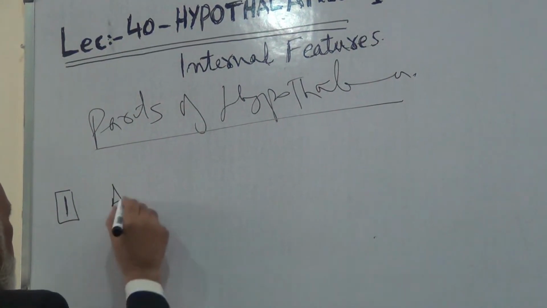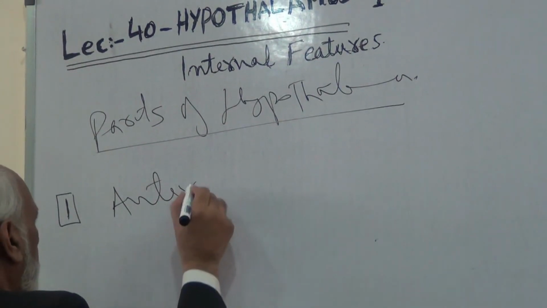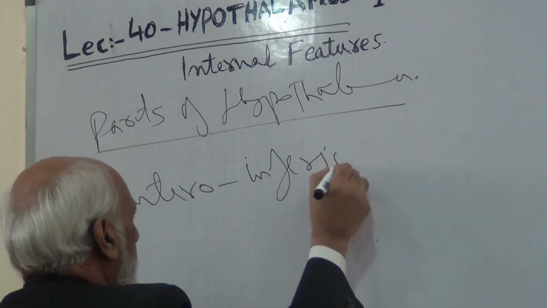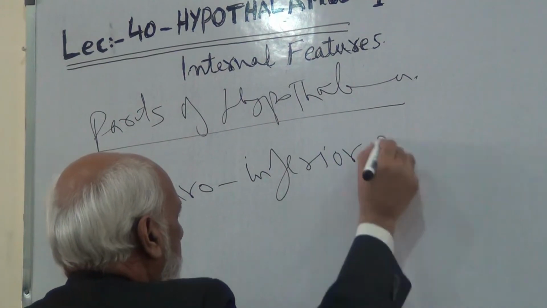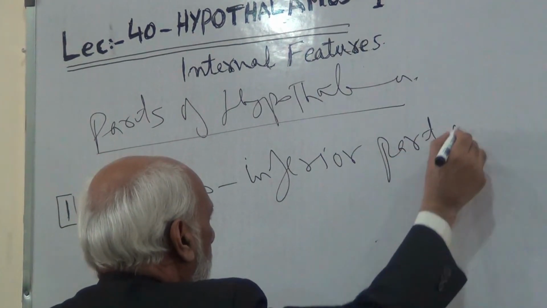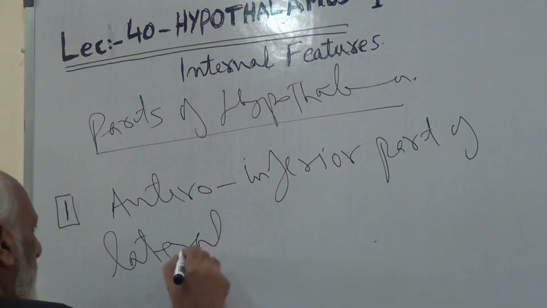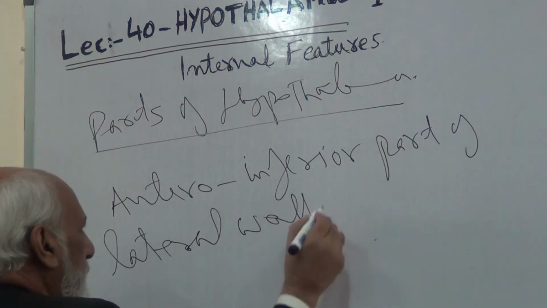Number one, the inferior part of the lateral wall of the third ventricle.